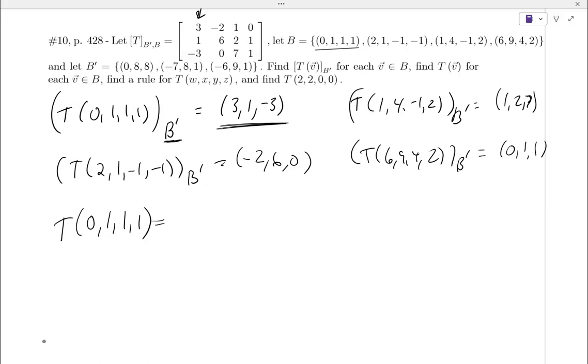So this output will be 3 times 0.88 plus negative 781, and then minus 3 times negative 691. Whatever that turns out to be, right?